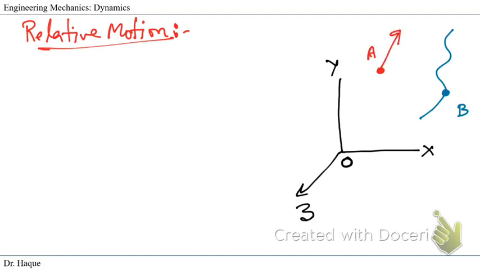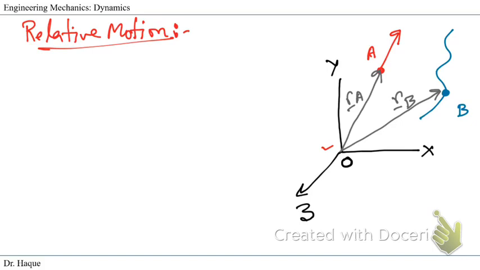According to our origin O, we can have the absolute position of B as RB, which is a vector, and the position of A, which is RA, also a vector. Now the problem comes when we want to see the relative motion.